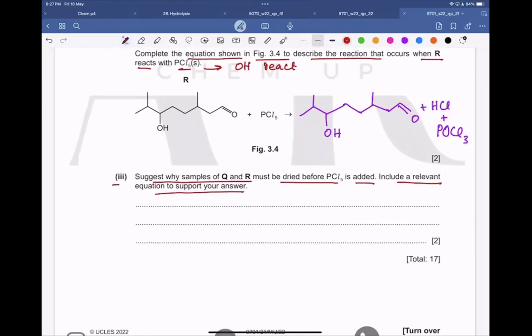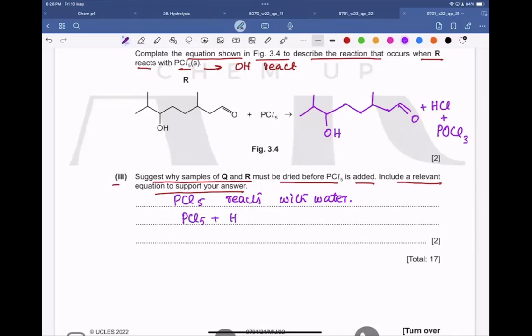So, yeah, it's obvious you have studied this in periodicity in period 3 because we need to dry it. Otherwise, PCl5 reacts with water, or you can write that it hydrolyzed, and they ask you to support the equation. That is equation you have studied in period 3.